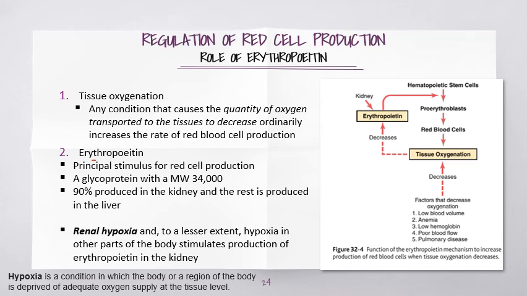Okay? You should remember erythropoietin. Erythropoietin is a glycoprotein that is produced almost exclusively in the kidney.